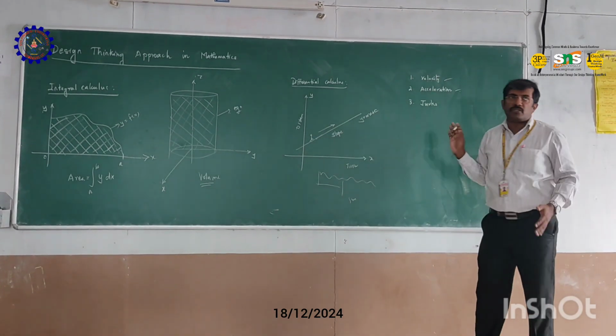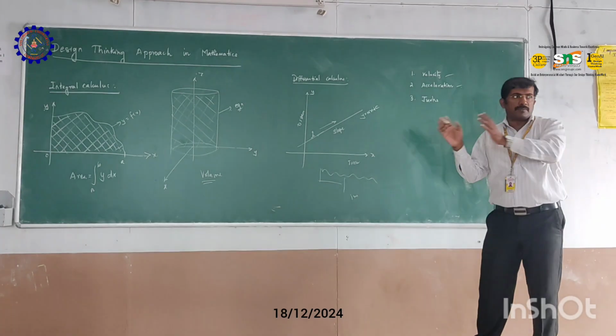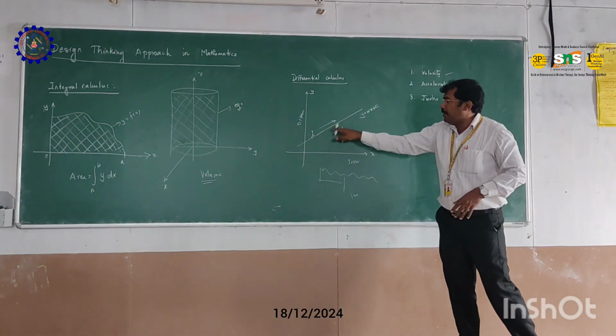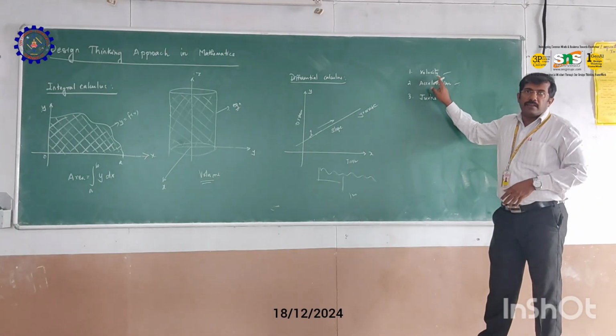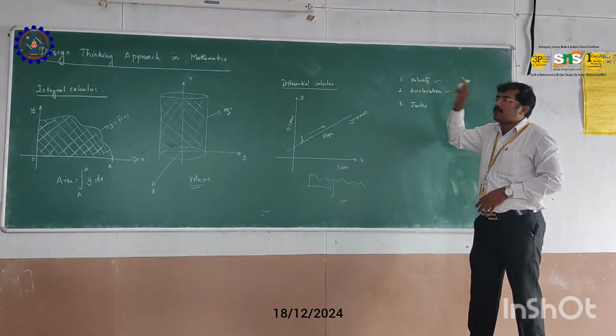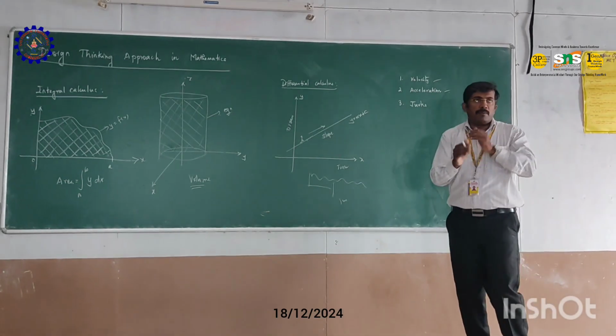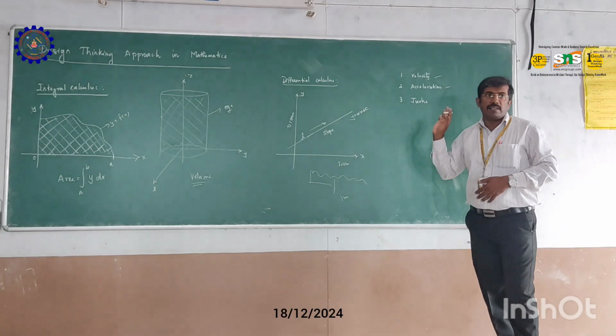Whenever it is concerned, it is talking about the rate of change of one parameter with respect to another. Rate of change of displacement with respect to time is velocity. Rate of change of velocity with respect to time is acceleration. Likewise, with respect to one variable, there will be change in the other variable. That is how differential calculus works.